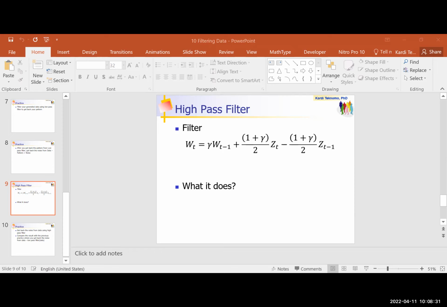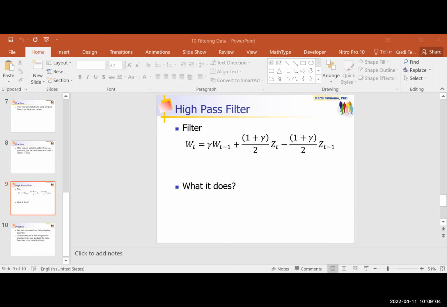So now I have high pass filter. And then this is supposed to be the pattern, equal to theta minus high pass filter.